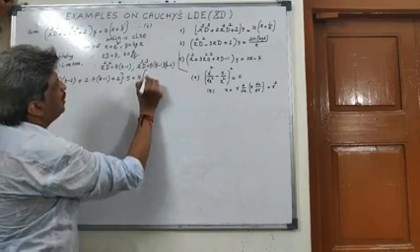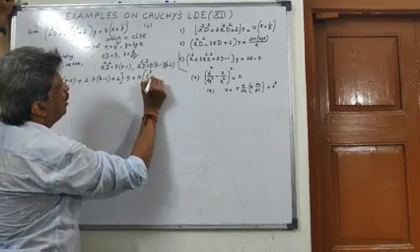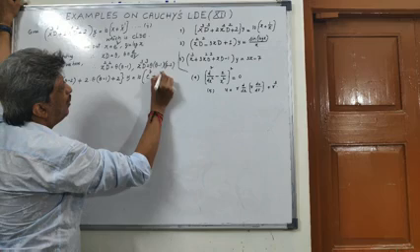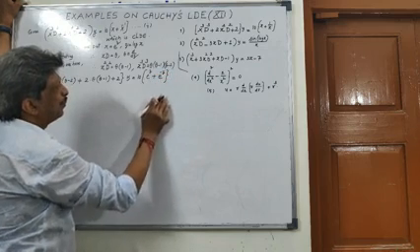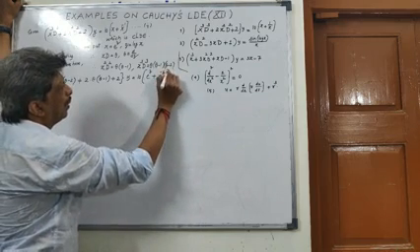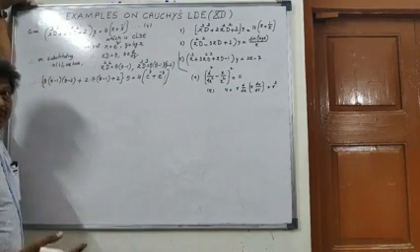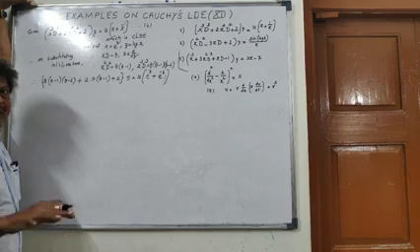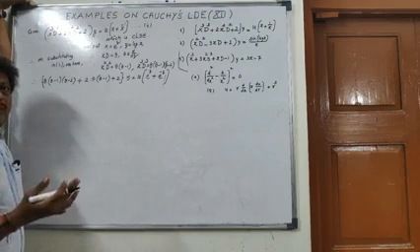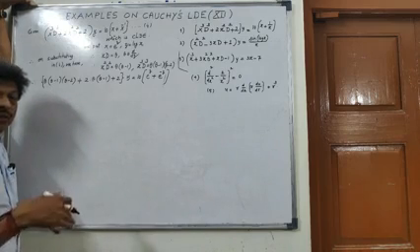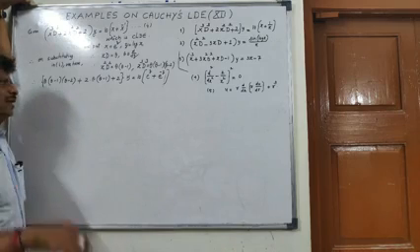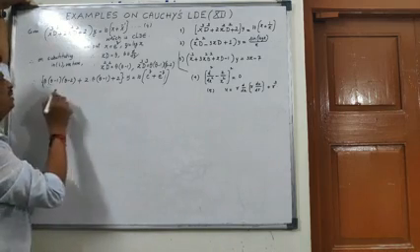What is x? x is e power z. What is 1 by x? x is e power z, so 1 by x or x to the power minus 1 is e to the power z raised to power minus 1. That means e to the power minus z. So let us simplify this.